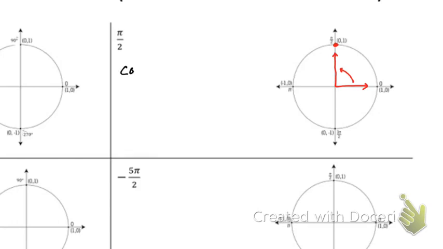What that means is cosine of pi over 2 also equals 0, and the sine of pi over 2 equals 1. Do not overthink this. It's just a point on a circle on the xy plane. If you know your x and y values, you know your cosine, you know your sine.